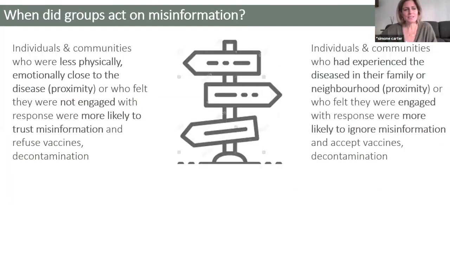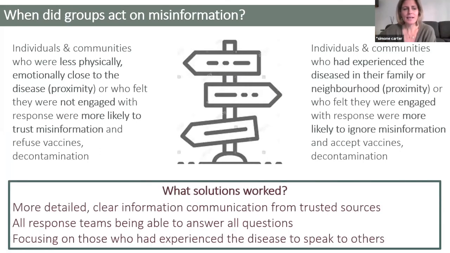So did groups act on misinformation? Individuals and communities who were less physically, emotionally close to disease, or felt that they were not engaged, were more likely to trust misinformation, refuse vaccines, and refuse decontamination. However, individuals who had experienced the disease either in their family or their neighborhood firsthand, so they were more close, there's a greater proximity, or who had felt engaged with the response were more likely to ignore the misinformation and accept vaccines and decontamination.